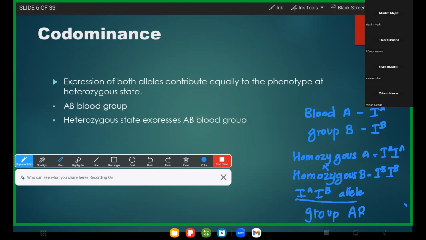So how is this possible? If we consider red blood cells, they have certain polypeptides on their surfaces, which determine which blood group they are.